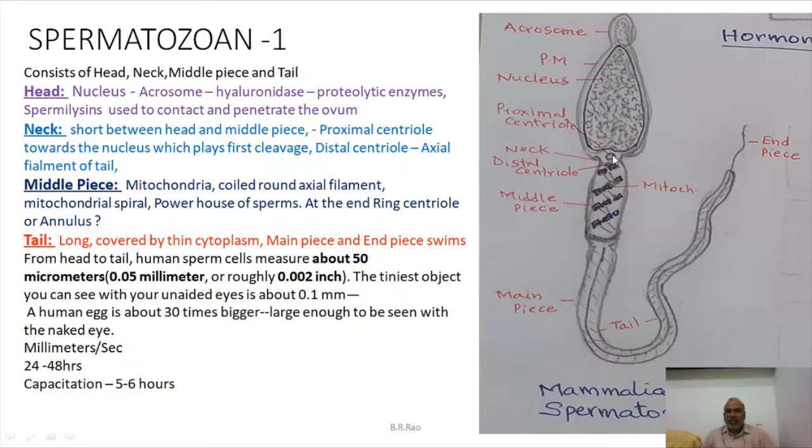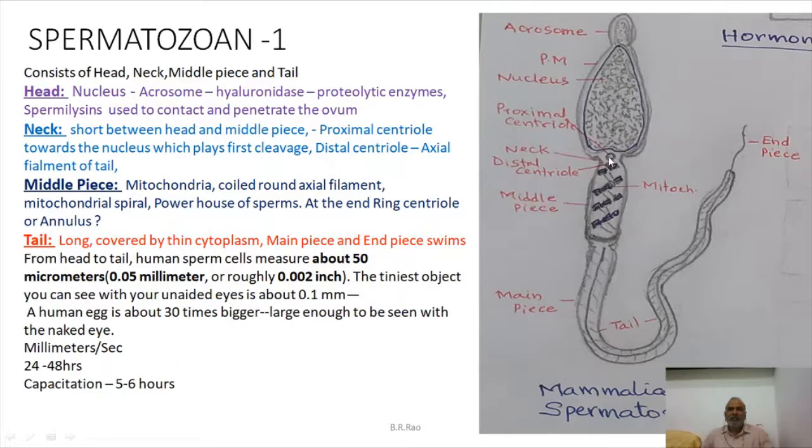It is having a proximal centriole and a distal centriole. The proximal centriole is playing a very, very important role in the cleavage of the egg. That is the key. Whenever the sperm goes inside the egg, the egg starts cleavages. So where is the key to cleavage of eggs?